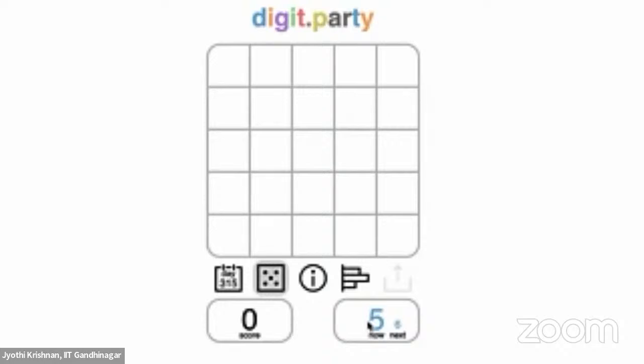Okay, ready? Again, remember the next number is going to be a 6. Okay, so I'm going to put the 5 here.